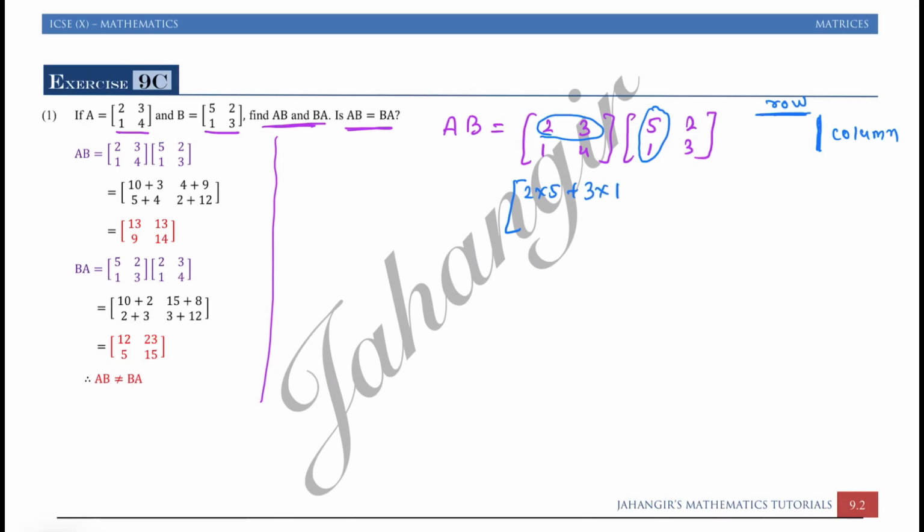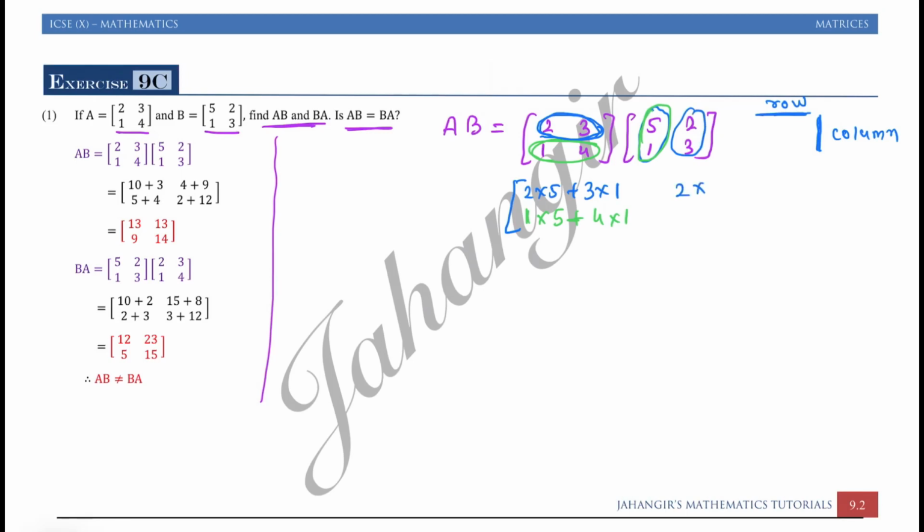Hope this part is clear. Then again second row, this is green part with this first column. Second row, then 1 into 1 multiplied by 5 plus 4 multiplied by 1. This we had multiplied first and second row with first column. Now we will do first row and second column.